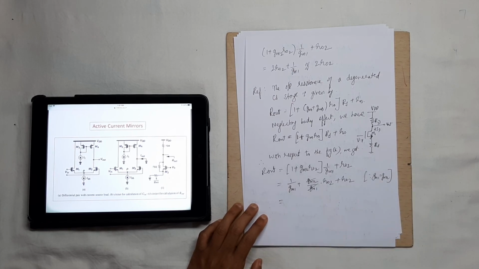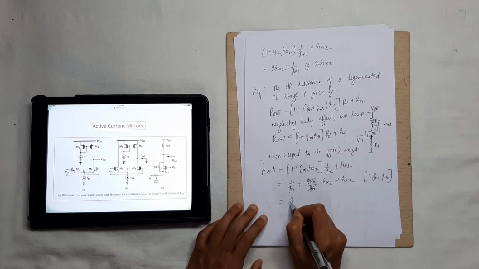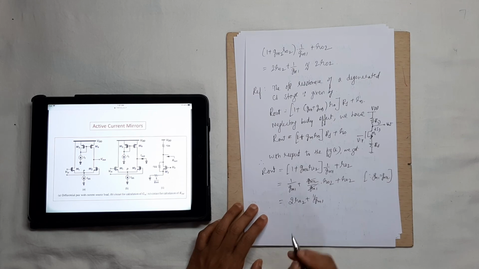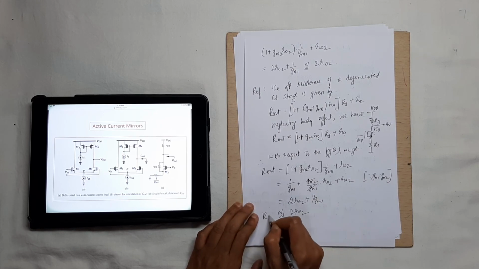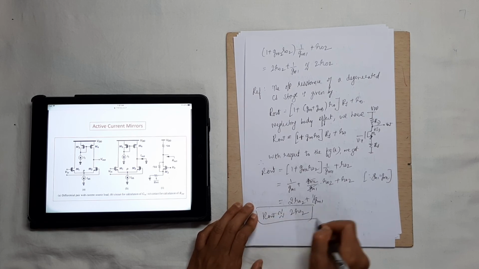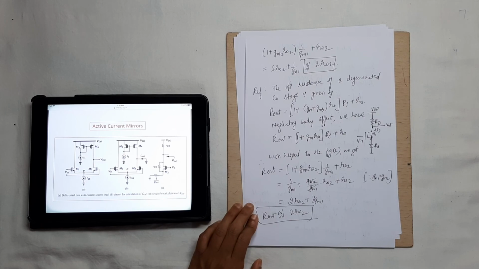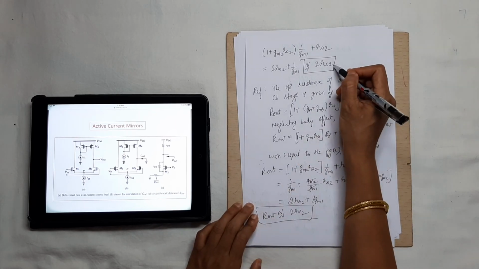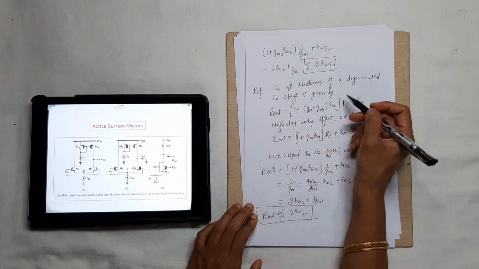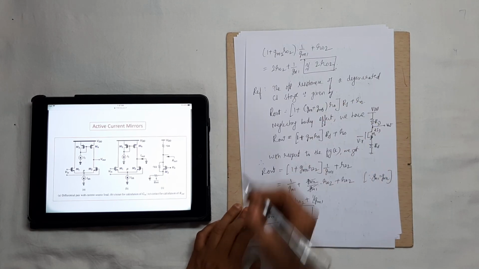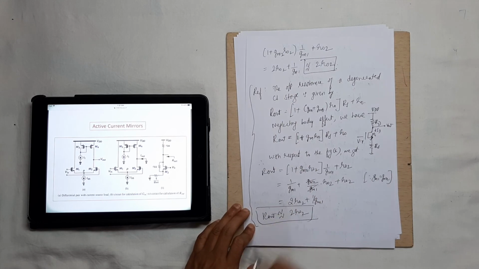We get 2 RO2 plus 1 upon GM1, which is nearly equal to 2 RO2. So this R out expression is same as the expression we have written. To arrive at this expression, you have to use the output resistance of the degenerated CS stage. This is only for your reference.